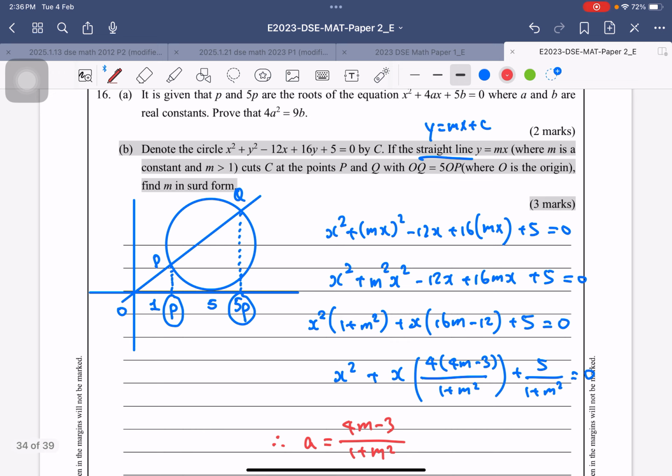And similarly, what's going to be b? 5b equals 5 over 1 plus m squared, so b is just 1 over 1 plus m squared. Is this okay?